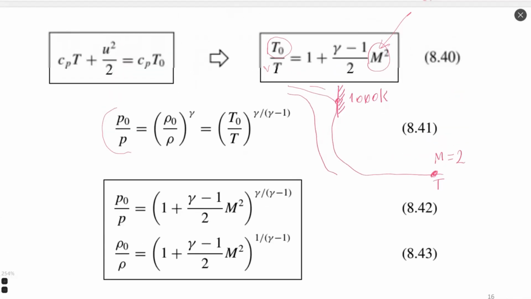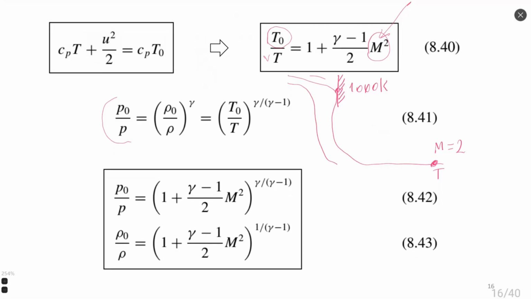Okay, people, how can we use this in practical life? It's very difficult to calculate these equations by hand every time. I mean, look at 42, for example, or 43. It is not simple. You cannot calculate by hand because gamma divided by gamma minus 1 is how much?